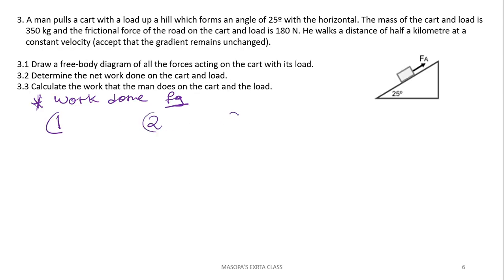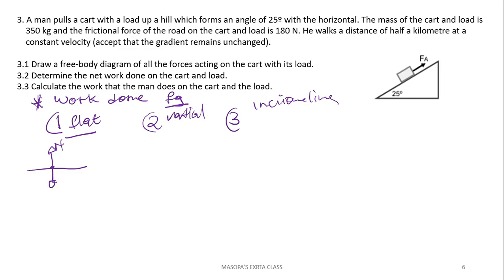Right. So we have different types of incline. We have a flat one, a vertical one, and an incline one. On a flat surface, we know that the forces that act perpendicular are going to be the normal force and your Fg.